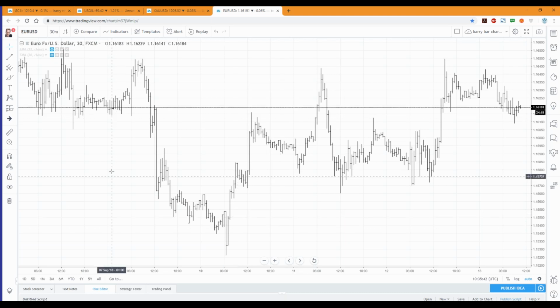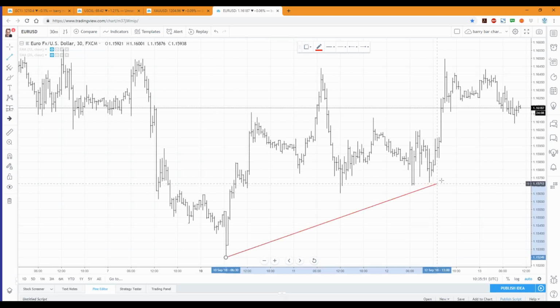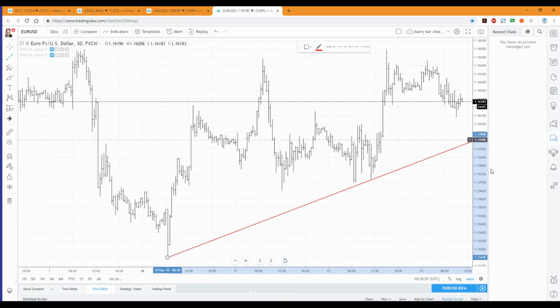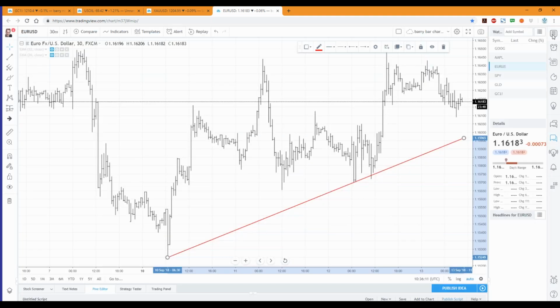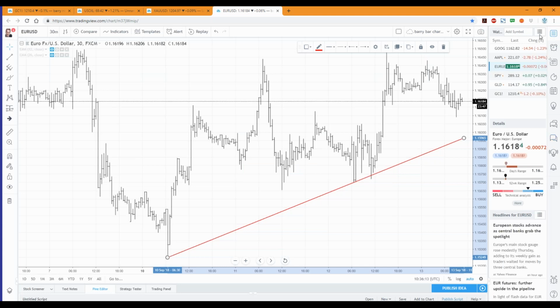But if we were to put a trend line on the chart, and if we knew how to put it on properly, we could then start making some sense out of the marketplace.